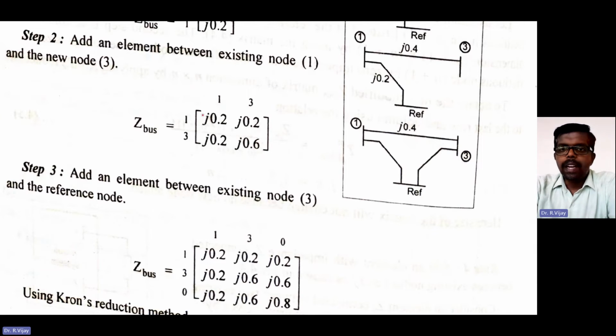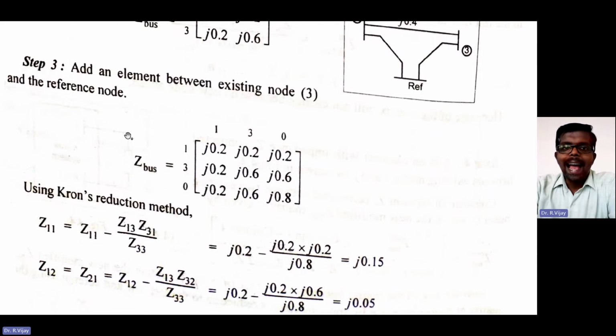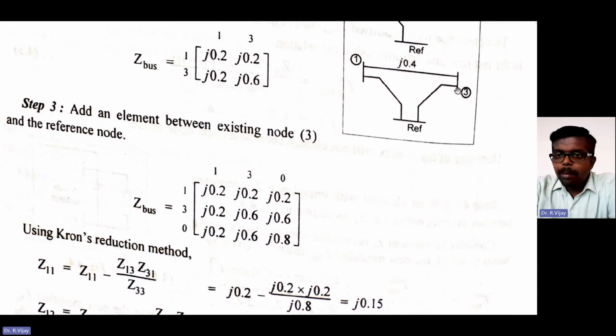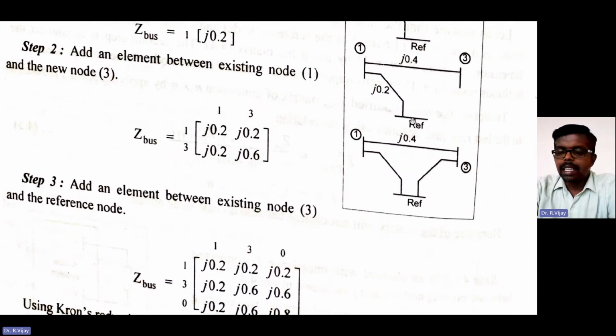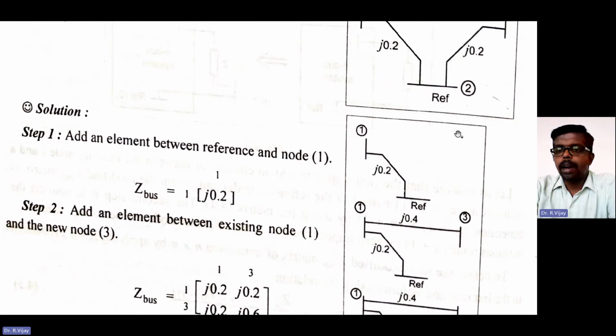Okay, so now we have framed step number 2. What is step number 3? Step number 3: add an element between the existing node and the reference node. The existing node is 3 and the reference node is the reference. What is the element here? j into 0.2.